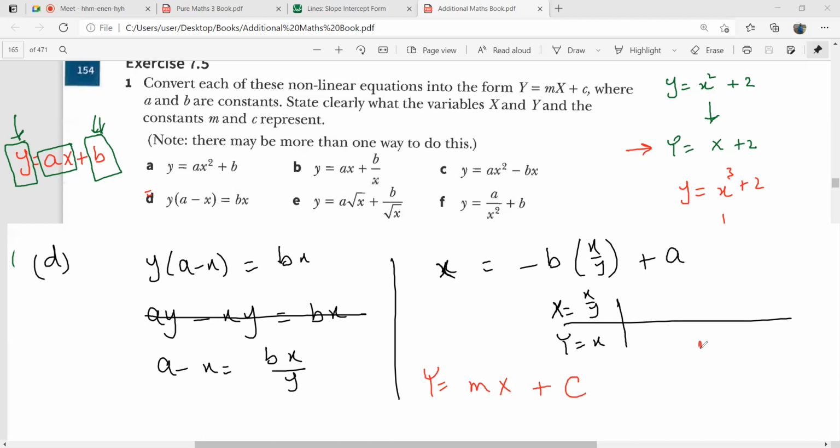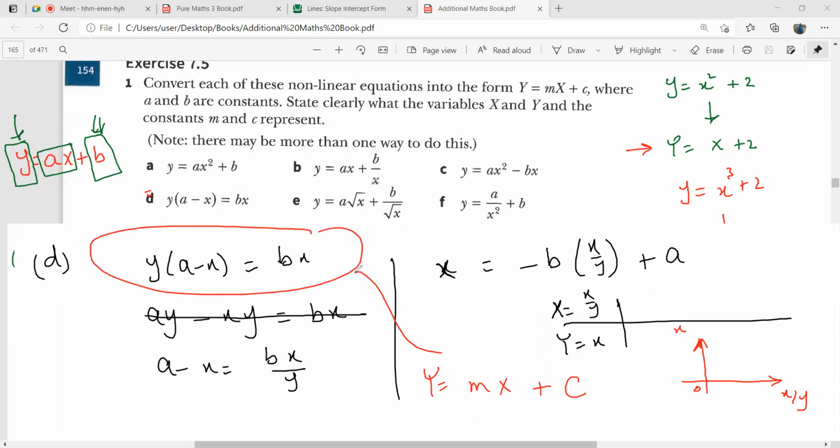If I can show you how this would be marked here. So this is your x over y plotted here, and this is going to be your x over here. That is how this equation's linear form is going to be this: y is equal to mx plus c, and this is the y, and this one is the x.